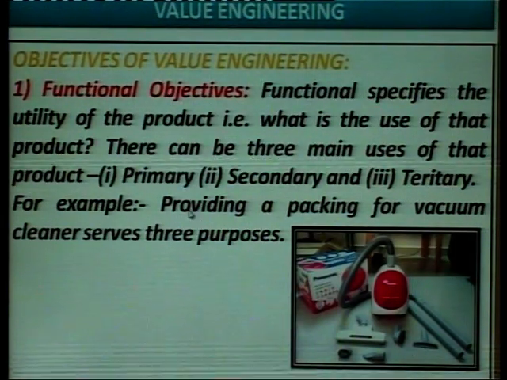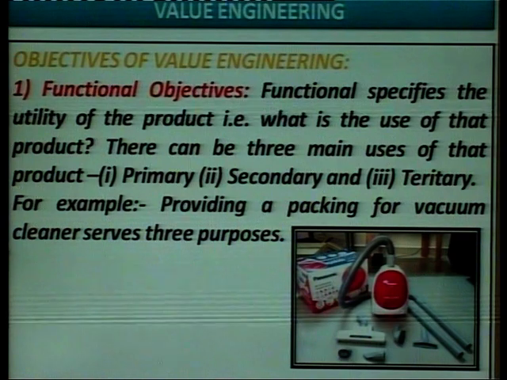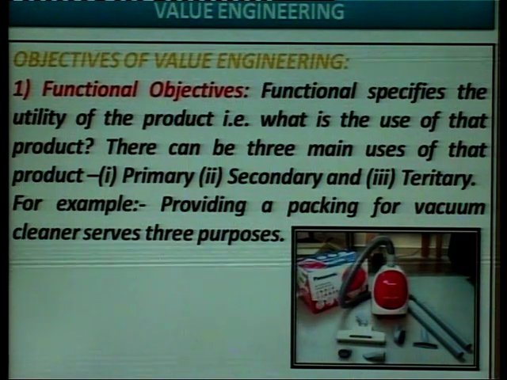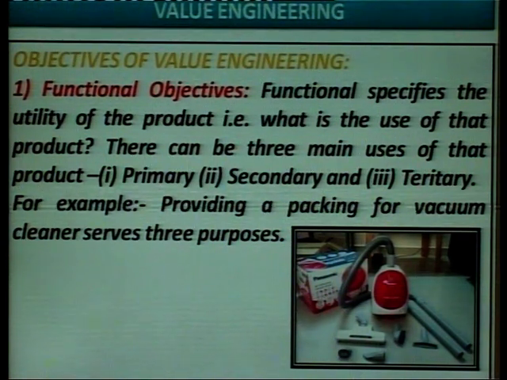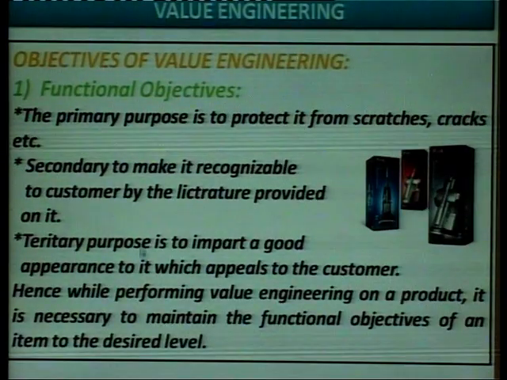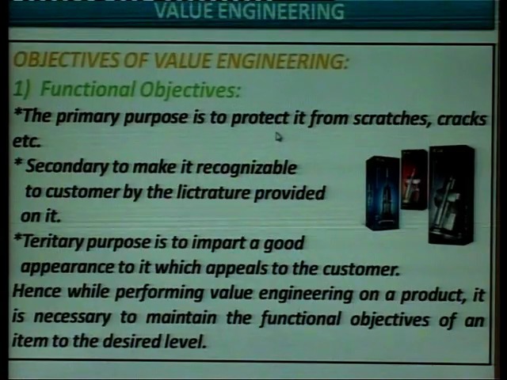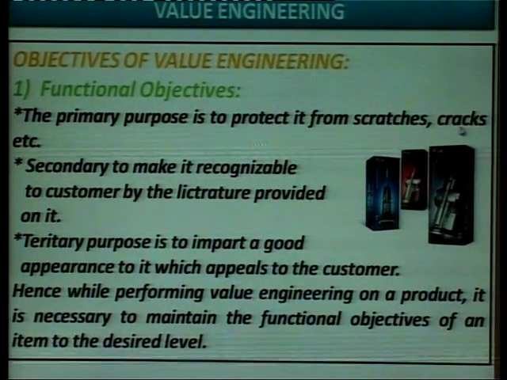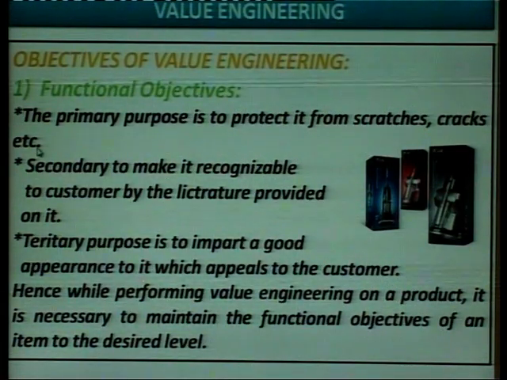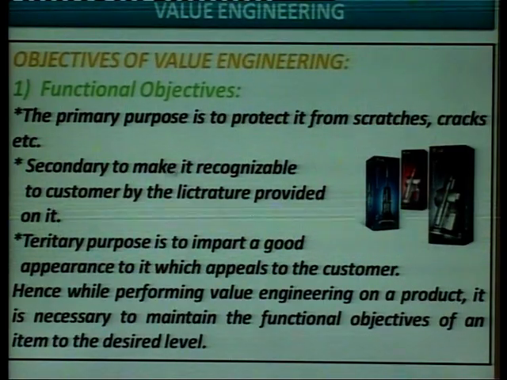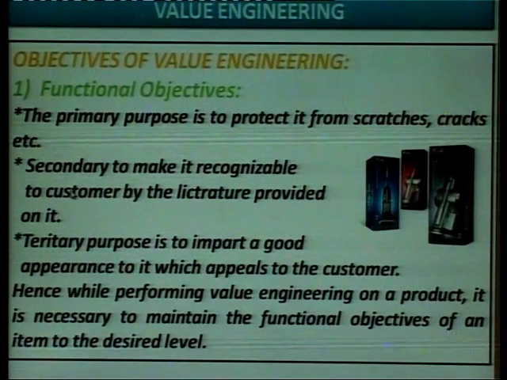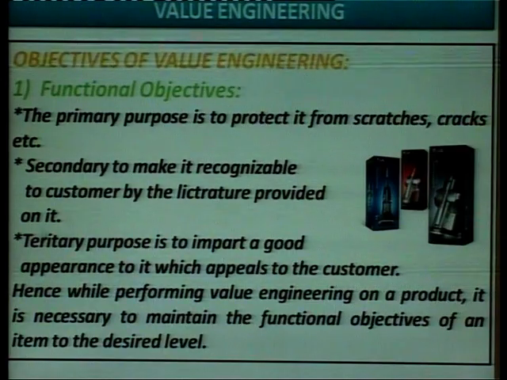For example, providing a packing for a vacuum cleaner serves 3 purposes. This is a vacuum cleaner. The primary purpose is to protect it from scratches, cracks, etc. Secondly, to make it recognizable to the customer by the literature provided on it.